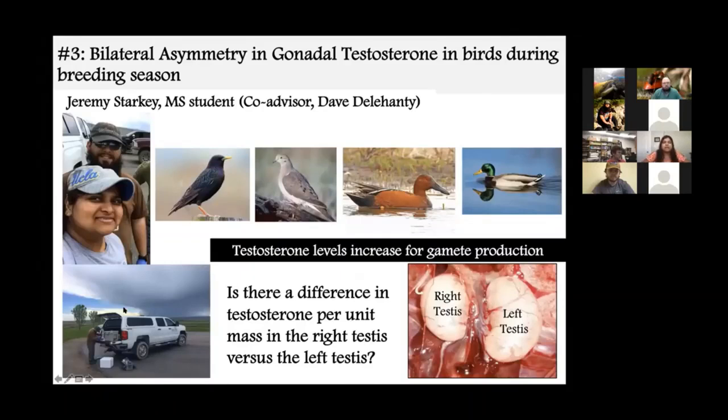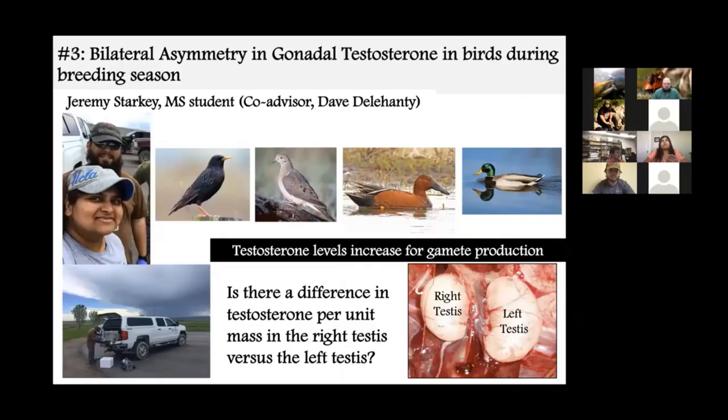He is a master's student, and we are co-advising him with Dave Delahanty, and his project deals with looking at the differences in testosterone concentration in the gonad of birds. There is a size difference that you can see here. The left testes is much bigger than the right. So he's looking at whether or not there's a difference in testosterone between these two.